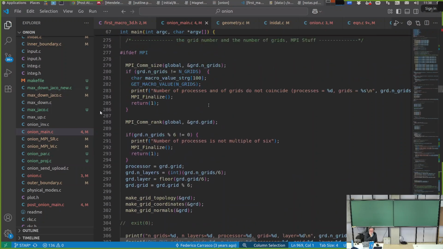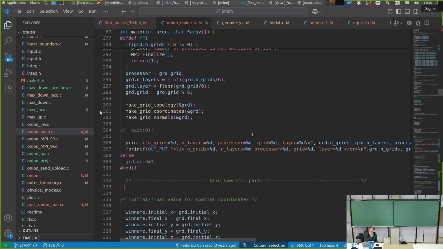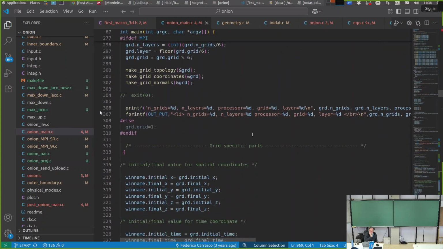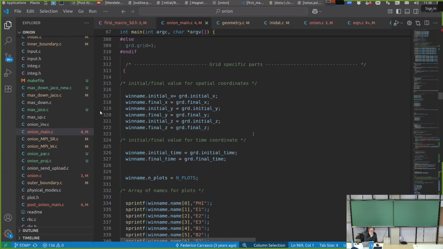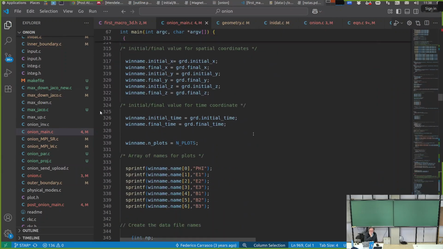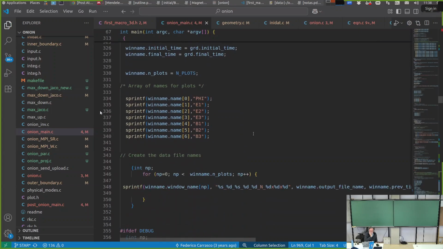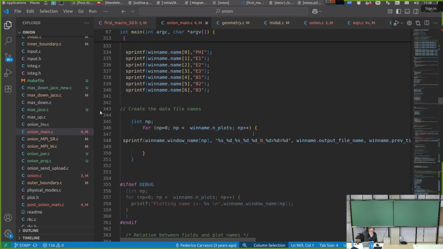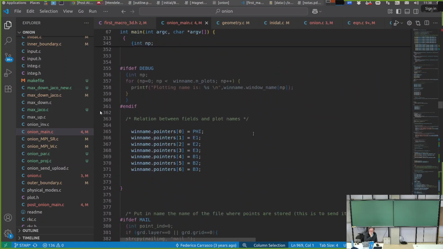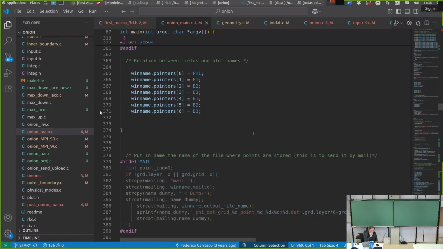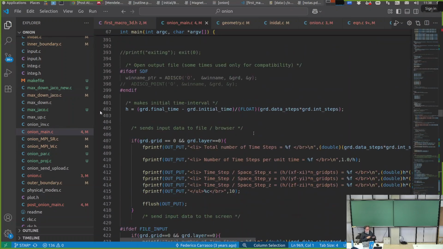Okay, so once we are here, you need to think you are inside one of the grids, and only part of the information is shared with the other ones and received from the other grids to compute these penalty terms and so on.